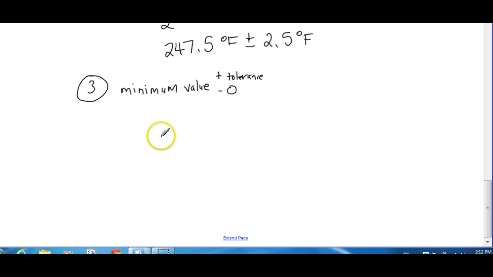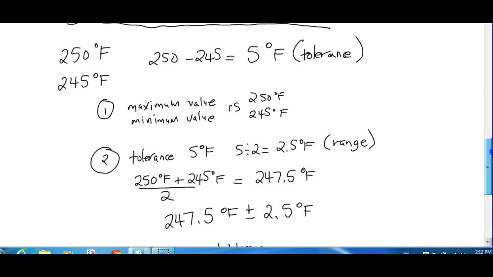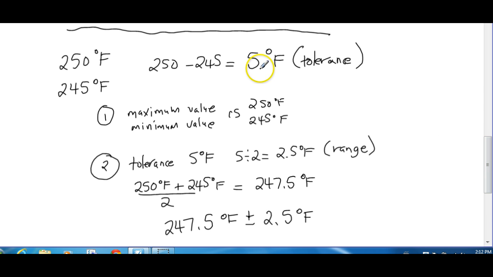Okay? And so how do we write this down from the perspective of the minimum value? Well, we know the minimum value of the temperature range is 245. We can't go any lower than 245 degrees Fahrenheit. That's our minimum value, so we write down the minimum value. The tolerance, as we stated earlier, was 5 degrees.